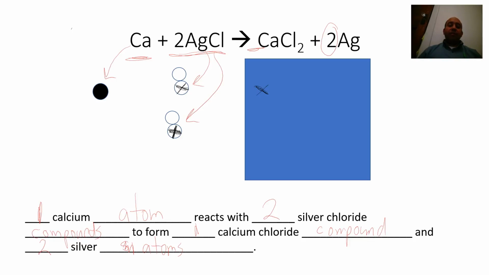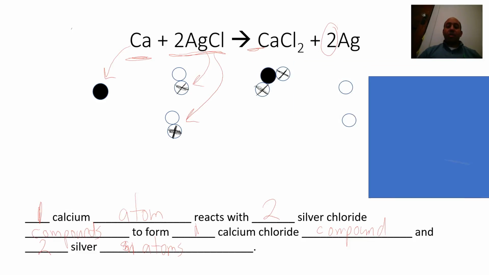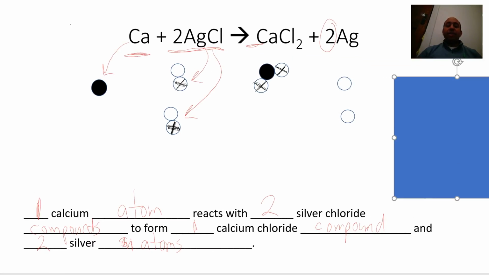Okay, so again, you can see that there's one Ca right there, and there's two AgCls. And for the purpose of the activity, since it's in the same proportion, one Ca to two AgCls, you're going to get one CaCl2 and two Ags. We can see that the Cls are these circles with the X's in them, and the Ags are these empty circles.